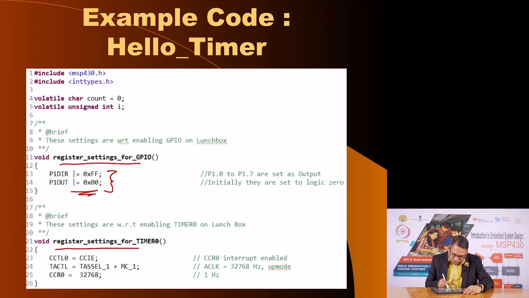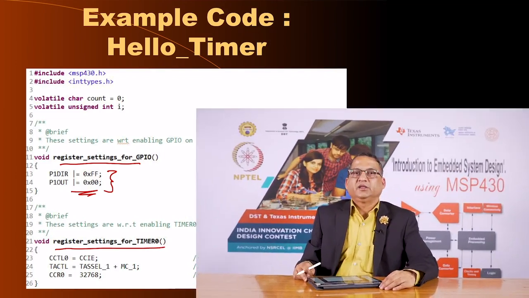Here we are choosing the various modes of timer 0. We are saying that we want to generate an interrupt on capture compare register 0. The clock for the timer is ACLK, and ACLK is sourced from the low frequency crystal. As you know, on our MSP430 lunchbox there is a 32.768 kilohertz crystal.